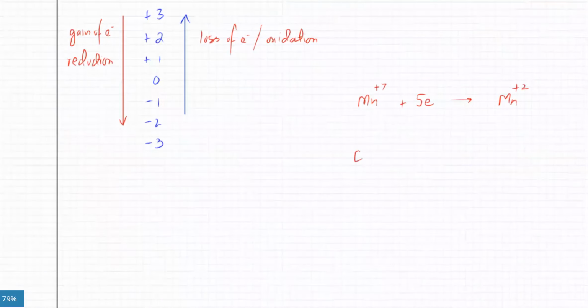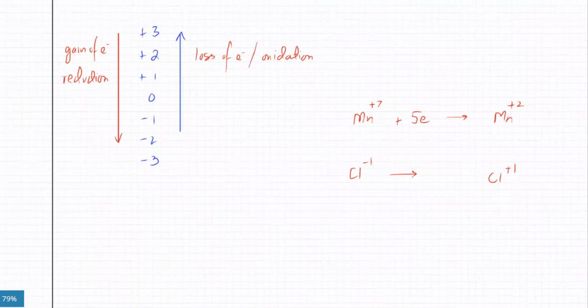For example, if you're going from Cl -1 to Cl +1, what's happening here? Oxidation. Okay, that is oxidation. You're going from -1 to +1, so you're going up. When the charge is increasing, that's oxidation.